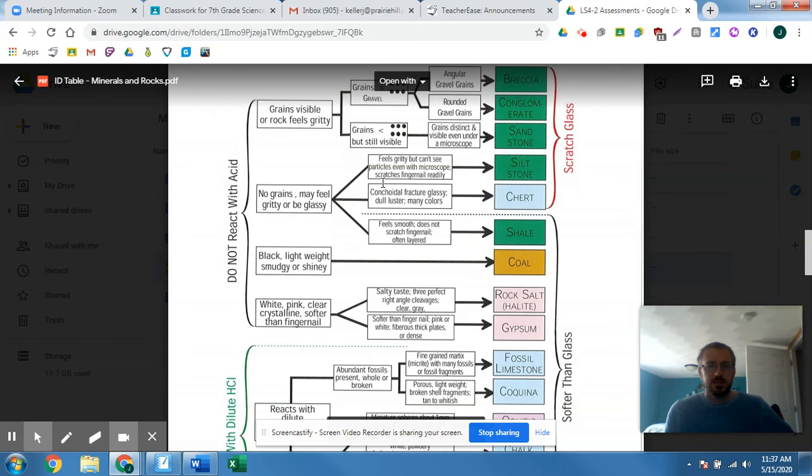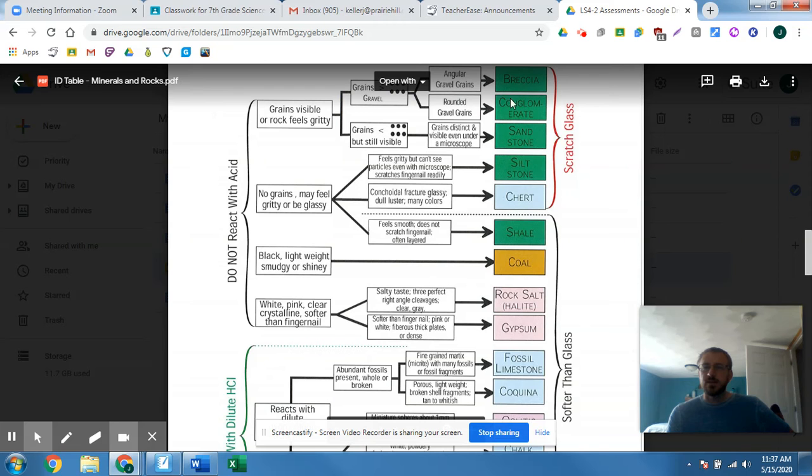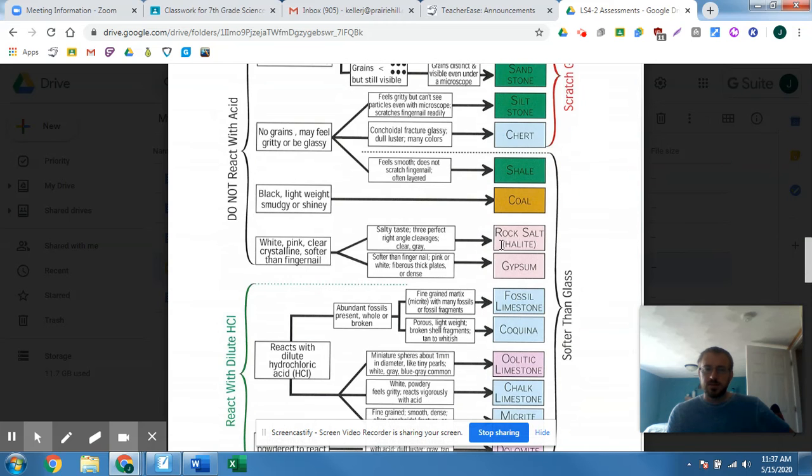these ones up here, since they're made up of different sized sediment particles, whether there's gravel, sand, or clay and silt, which are really tiny particles you can't see with your naked eye at least, are all examples of clastic rock, which is the fancy name for rocks that are made up of sediments. These two right here, rock salt and gypsum, are chemical rocks.